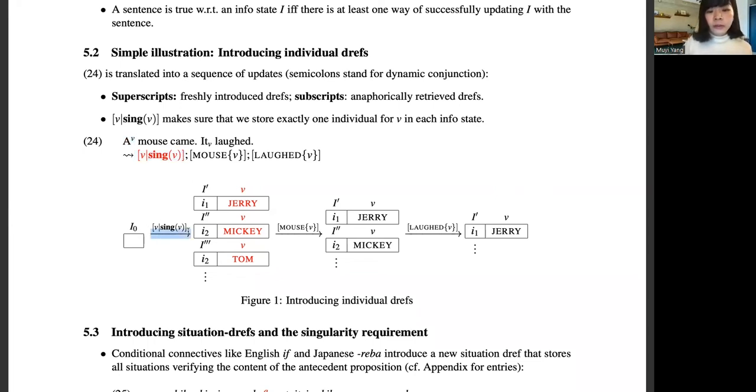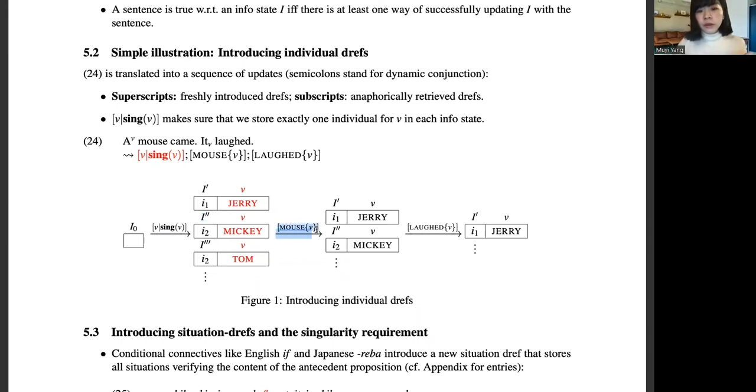So the first step of the update is we are going to store into V individuals randomly, but we have to ensure that with respect to each information state, there is exactly one value. So we will have an info state I prime where we store Jerry to V, and I double prime where we store Mickey to V, and so on and so forth.